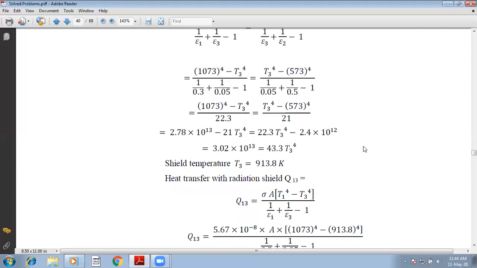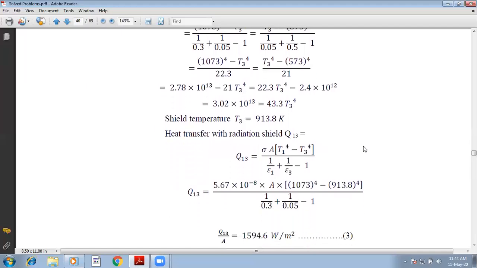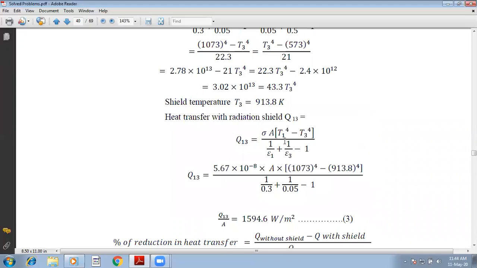It brings no difference in the value. Now if you calculate the heat transfer with shield per unit area, it is 1594.6 watt per meter square.